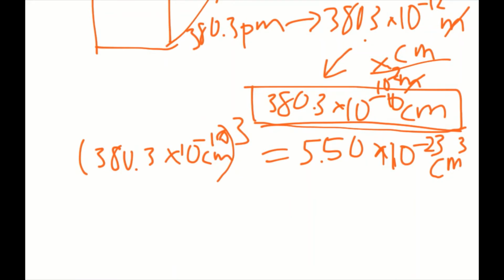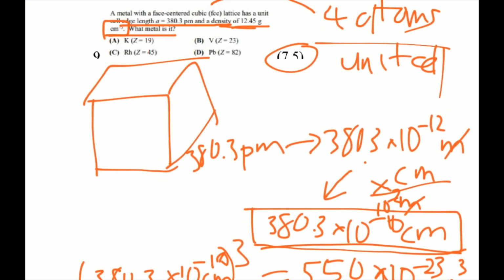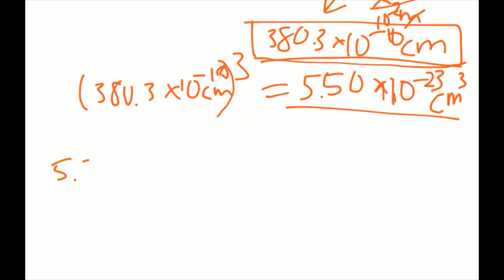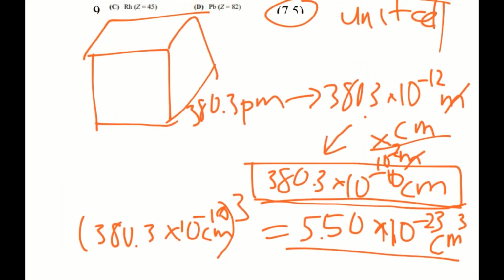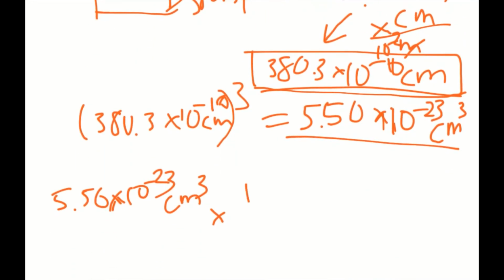So I have a feeling that this will help me because I have volume and I have density. What can you do with density and volume? Well, you can multiply them. So we know that 5.50 times 10 to the negative 23rd cubic centimeters is in a unit cell, and we know that the density of this mysterious metal is 12.45 grams per cubic centimeter.